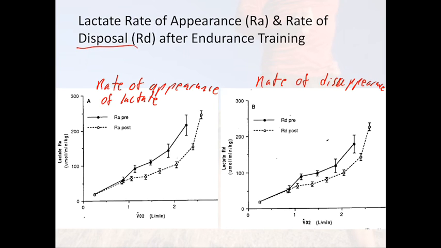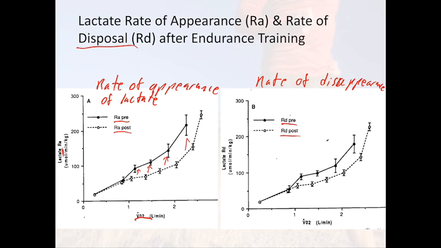What we see here is pre-training and post-training values for both. Let's look at the rate of appearance first. The x-axis is VO2, and the y-axis is lactate rate of appearance. Before training, at each VO2, we see a higher lactate value.